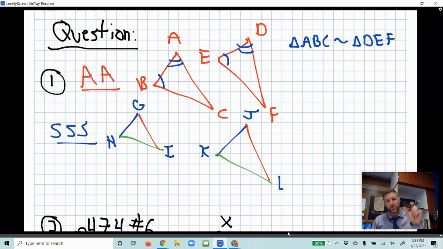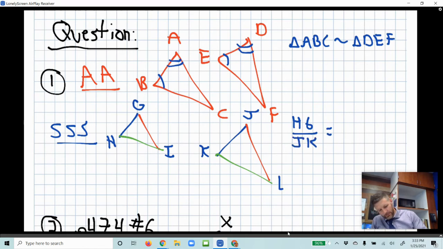So in other words, if all three sides are proportional, then we can know that the triangles are in fact similar. The way that you would note this is that if HG were divided by JK, that would give us that similarity ratio.